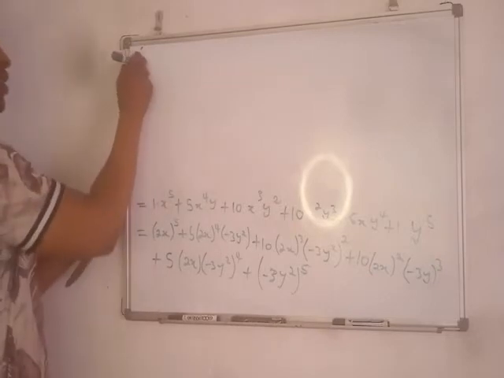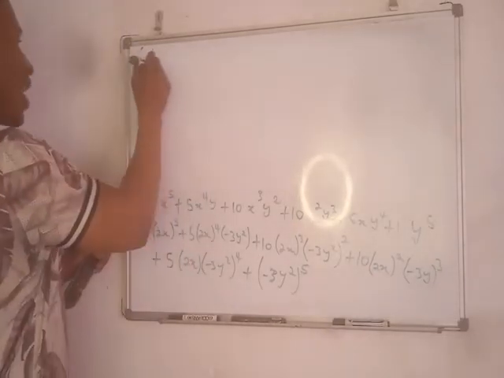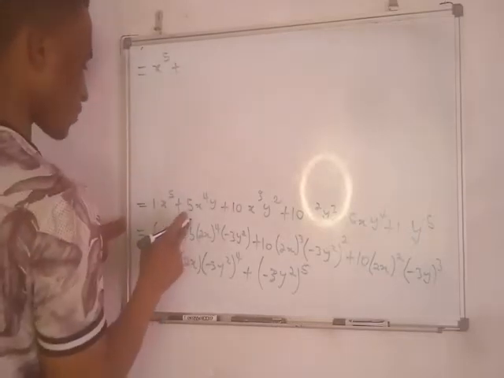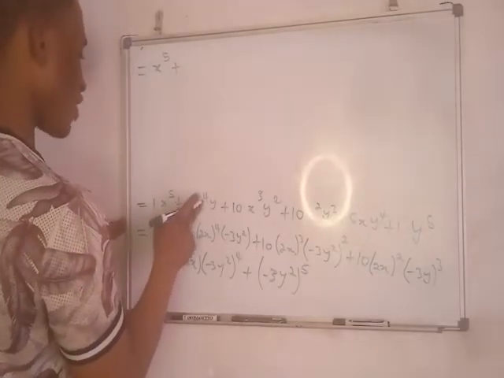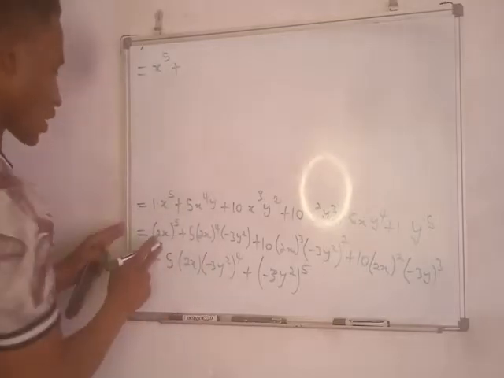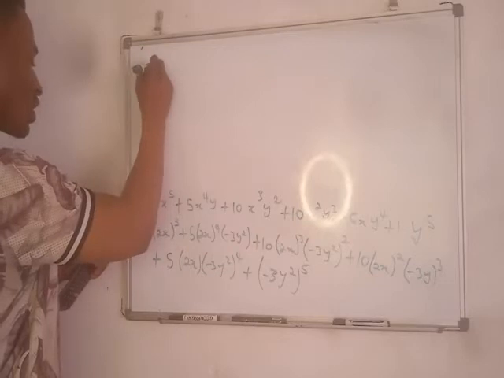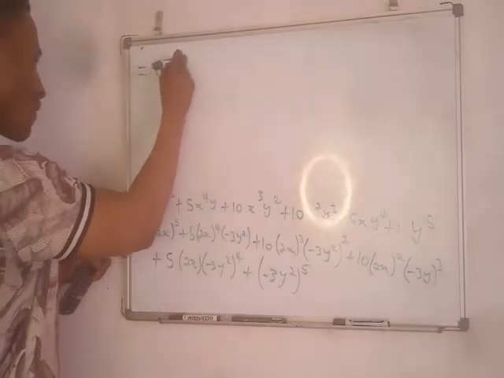And say that my answer is x to the 5 plus... Okay, sorry guys, my answer will be 2 to the 5, which is 32, x to the 5.